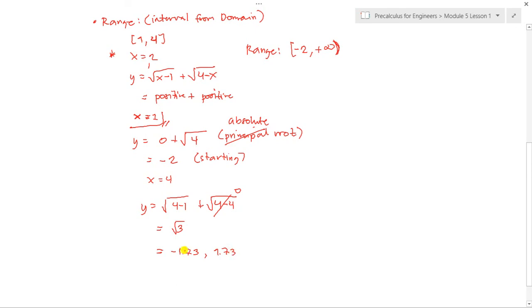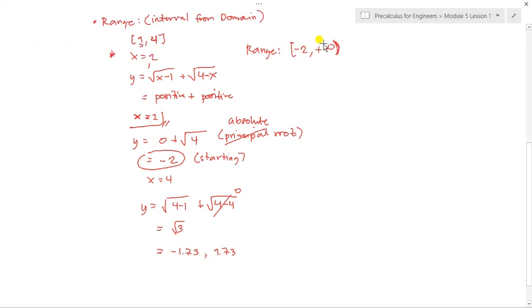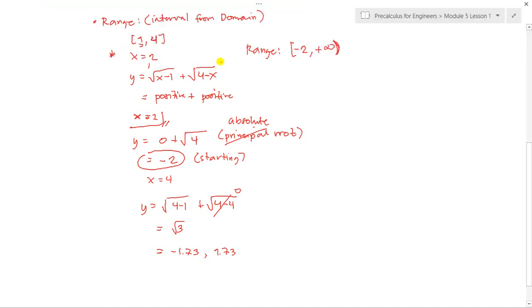This is just an approximation, but since negative 1.73 is still greater than negative 2, therefore negative 2 is our starting point, since it is the lowest in the domain. So therefore our range is until positive 1.73.